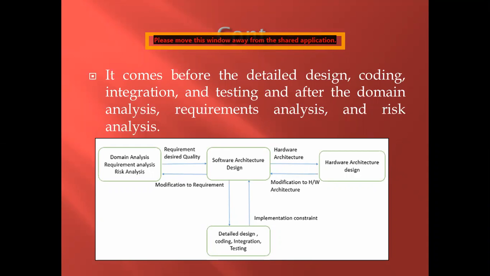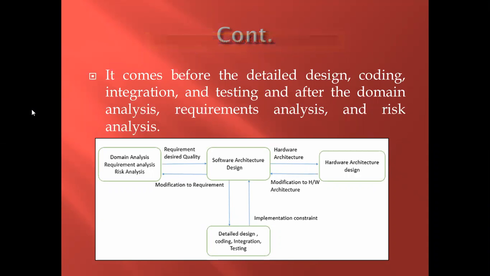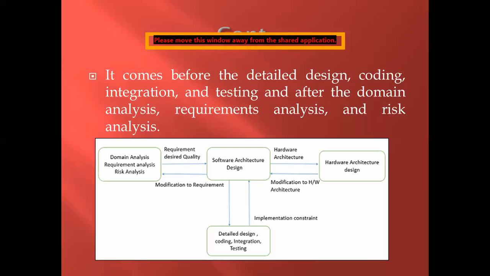So now you can see a number of factors here. In the block diagram, you can see domain analysis, we will do this, requirement analysis, risk analysis. At the starting, we will do the domain analysis, and after that requirement analysis, meaning what the different requirements of the customer or the organization are.